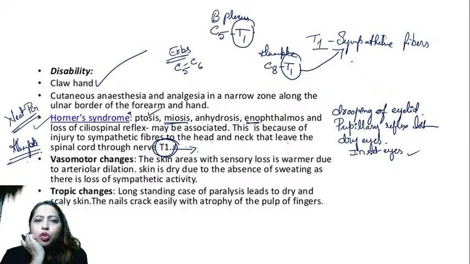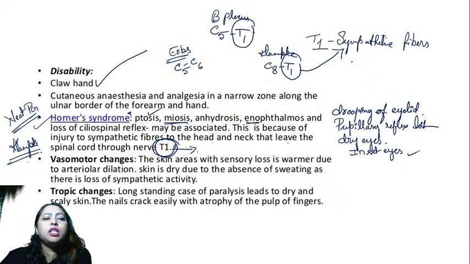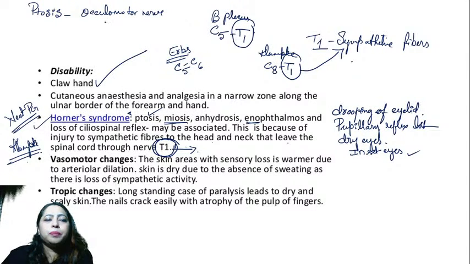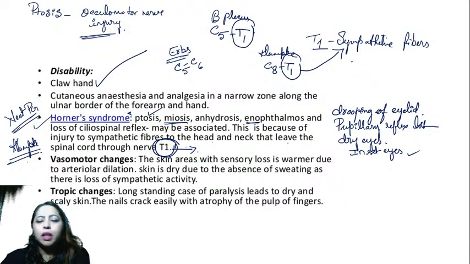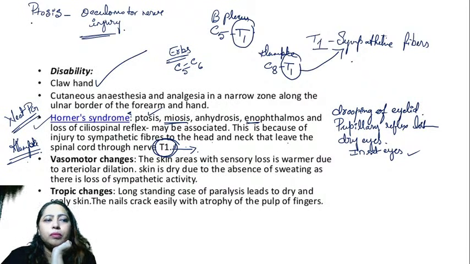When do you think the drooping of eyelid is seen? In what other condition can you also see this drooping of eyelid, that is ptosis? In oculomotor nerve injury. In oculomotor nerve injury, you will see this drooping of eyelid because it is supplying the SO4 LR6 3, except these two.